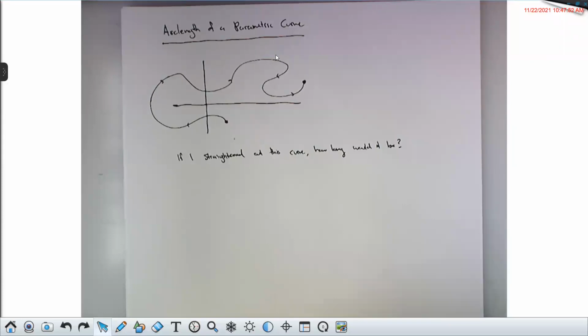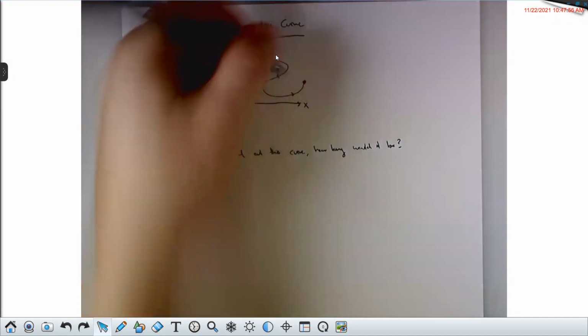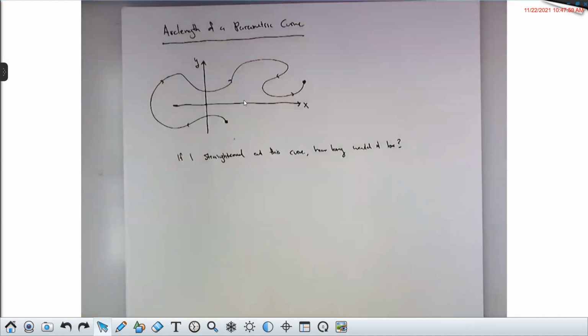Kind of the way you normally get there is by approximating with straight line segments.